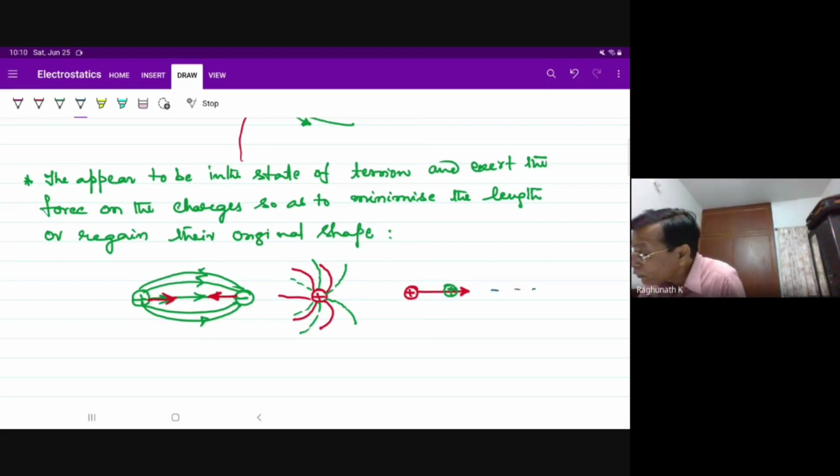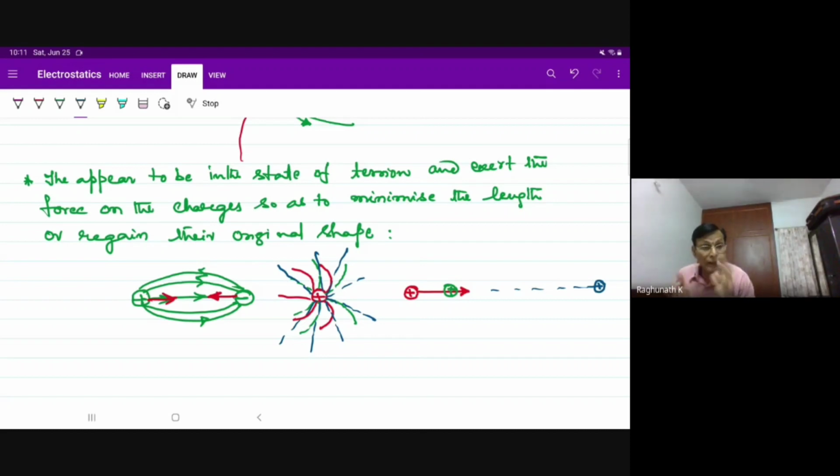If this charge is moved far away from it, they would have almost regained their radial nature. Like elastic members, because of the presence of the other positive charge, they become curves from the radial lines. And the field exerts the force in such a way that they move away from each other, restoring the original shape of the field lines. Please check.